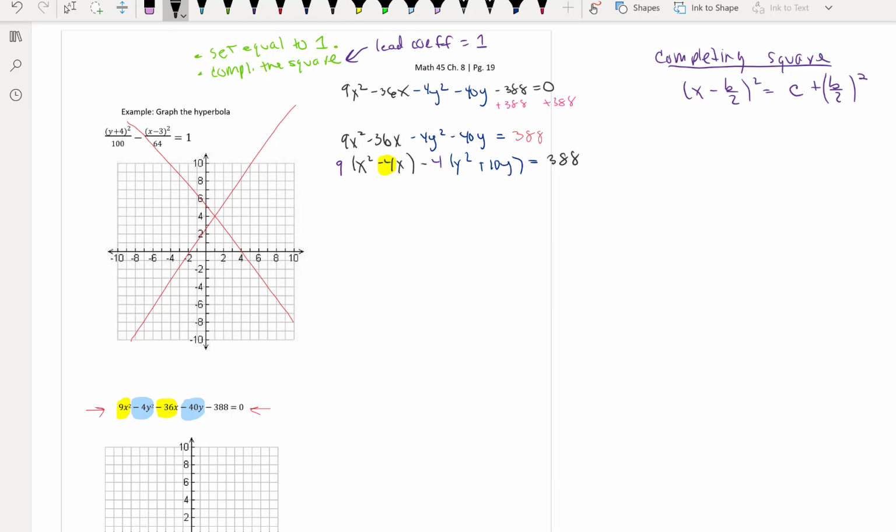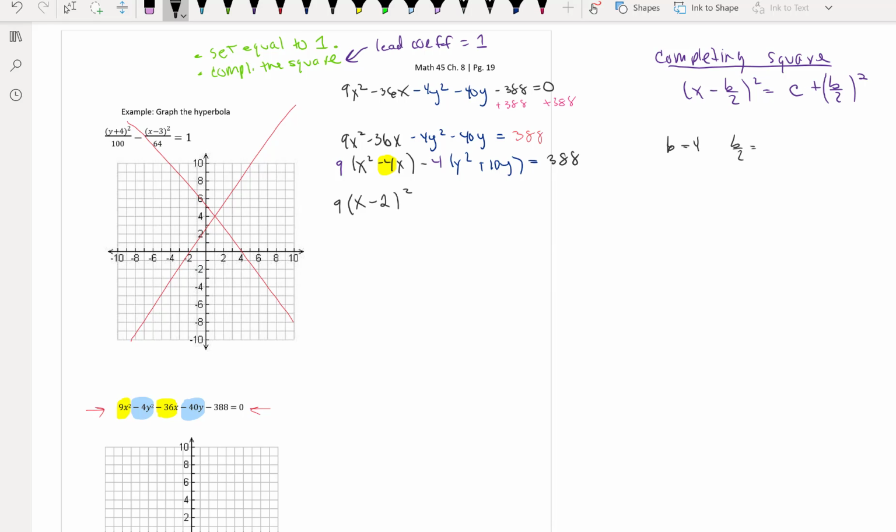So let's think about this. So I'm going to have 9 x minus, and here that b value is 4, so divide that by 2, I would get 2. So because I did that, I grabbed it, I multiplied it, and I got 2. So b value is equal to 4.